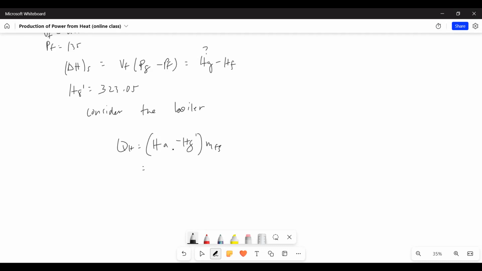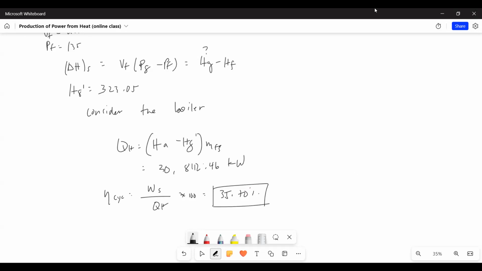I'll leave it to you to plug in the values and do the dimensional analysis. QH you will get here is 38,122.46 kilowatts. Therefore, the thermal efficiency of the cycle is work shaft actual over QH, times 100, equal to 35.70%, assuming negligible pump work.